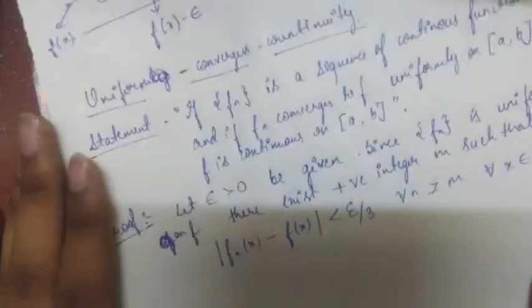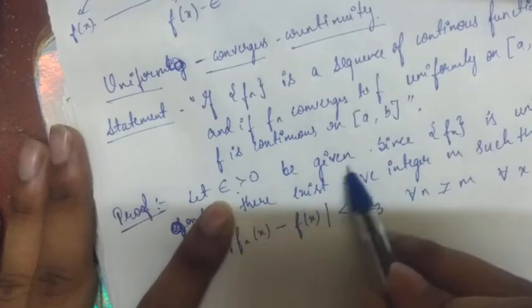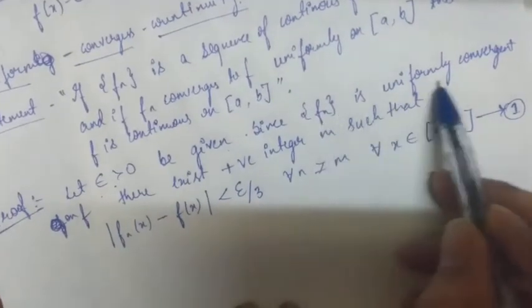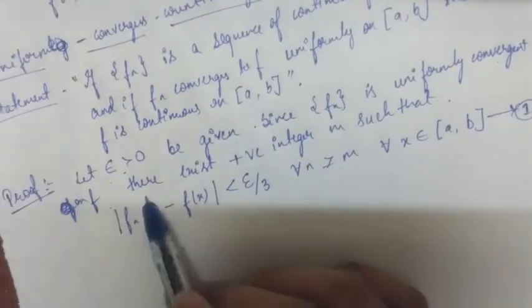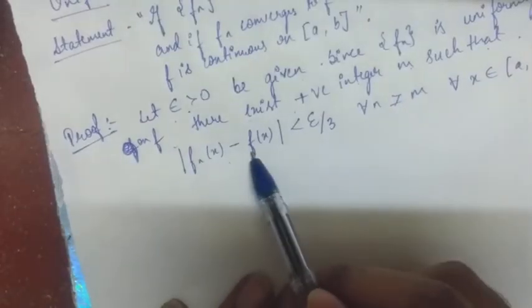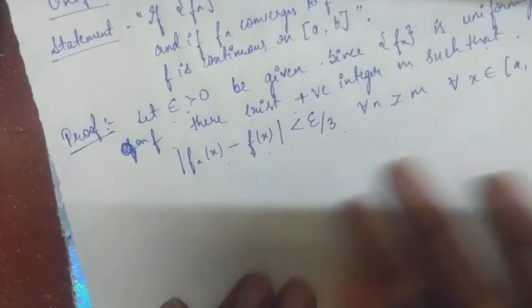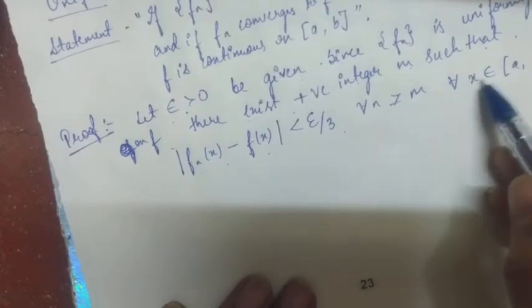See the proof. Let epsilon greater than 0 be given, and since fn is uniformly convergent by the given statement, there exists a positive integer m such that mod fn of x minus f of x is less than epsilon by 3 for all n greater than or equal to m, for all x belongs to closed interval a comma b.